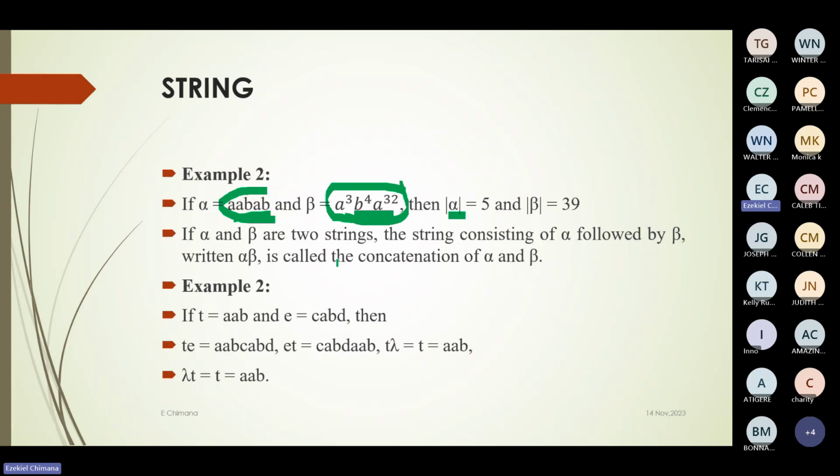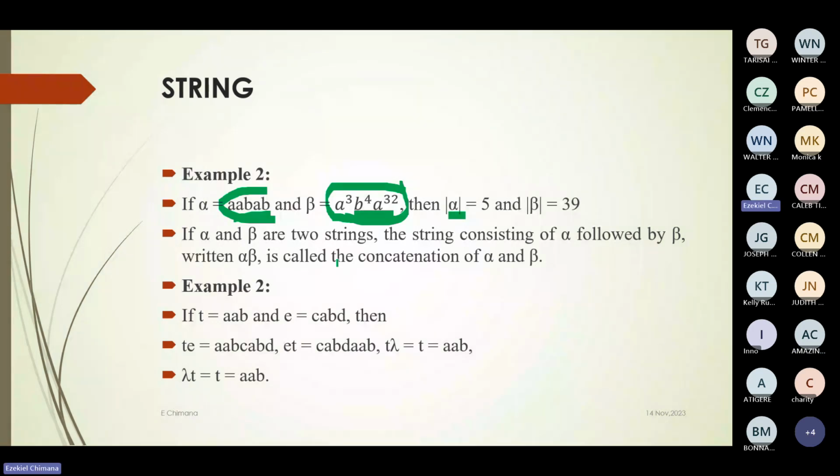So if alpha and beta are two strings, the string of alpha followed by beta, written as alpha beta, is called the concatenation of alpha and beta. This is what we call string concatenation. I'm sure from your C programming knowledge, you know that you can do string concatenation where you join two strings.